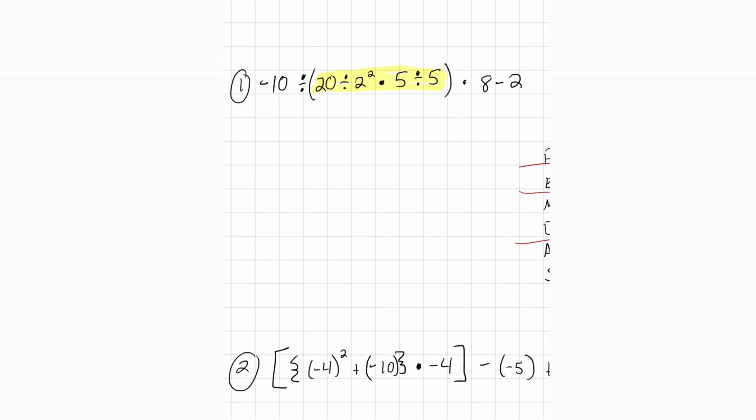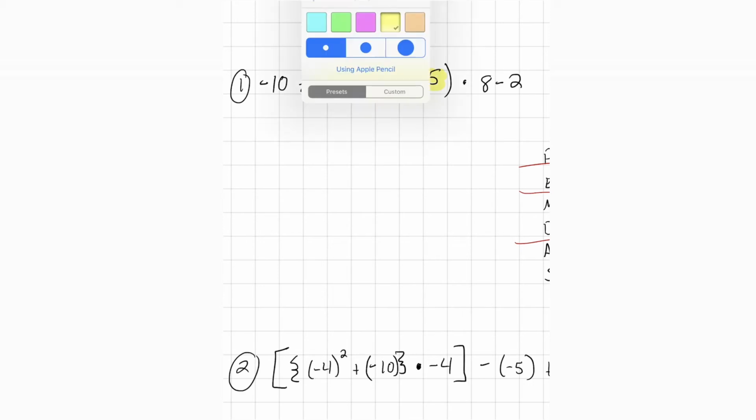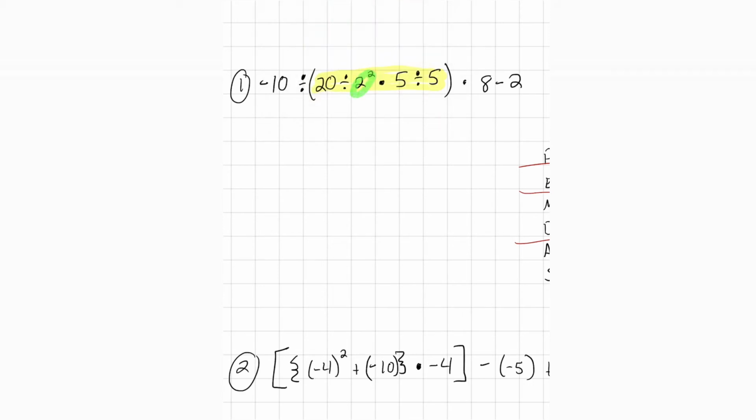So, we're looking at 20 divided by 2 squared times 5 divided by 5. Well, our first step after parentheses is exponents. Exponents I'm going to highlight in green. That's where we have to start. So, we know that 2 squared is 4, and we can rewrite everything else.